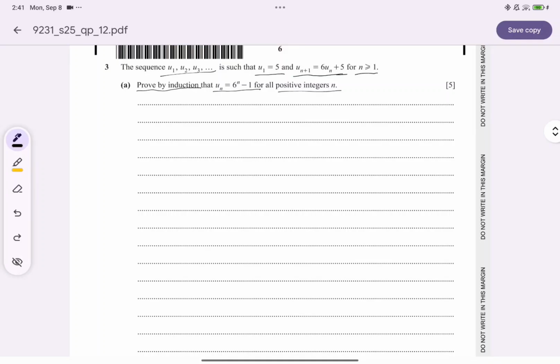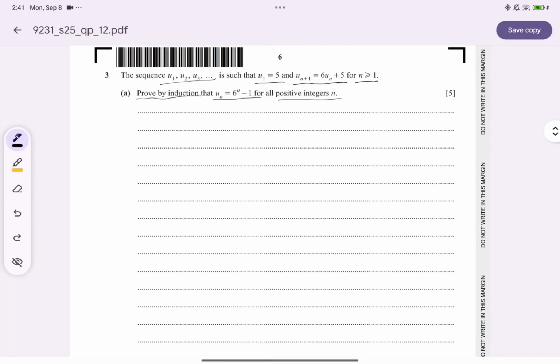Okay, to conduct proof by induction, there are a series of steps that we have to use for all types of questions, like sequences or differentiation. Wait, not divisibility, everything other than divisibility, it's the same general process. So the first step is we should let n equals to 1, and find out what n equals to 1 gives us. u1, we're already told, is equals to 5.